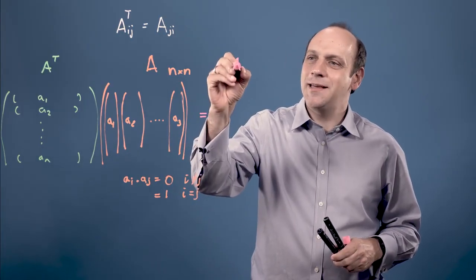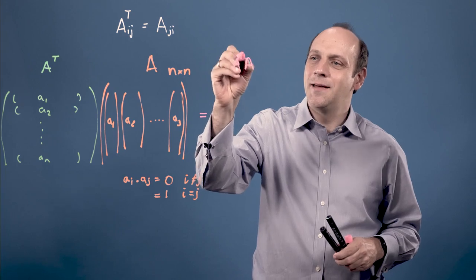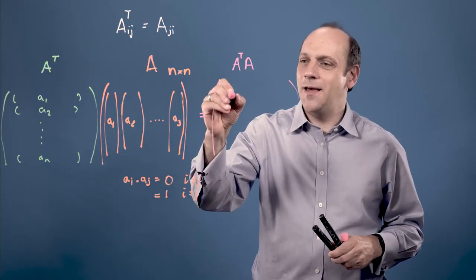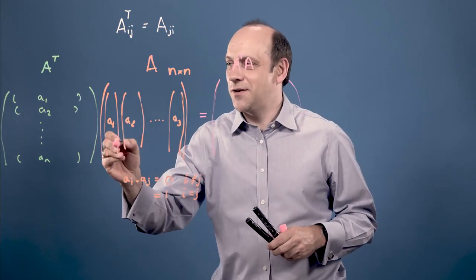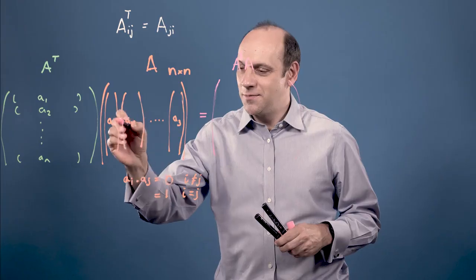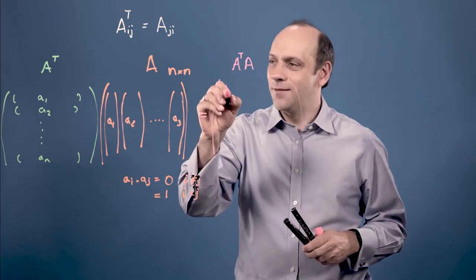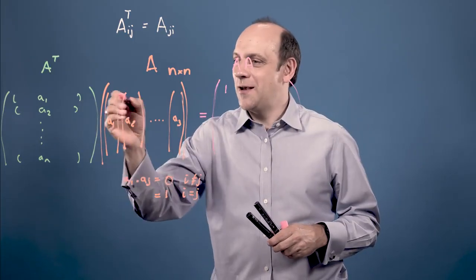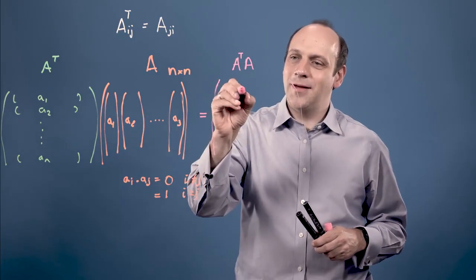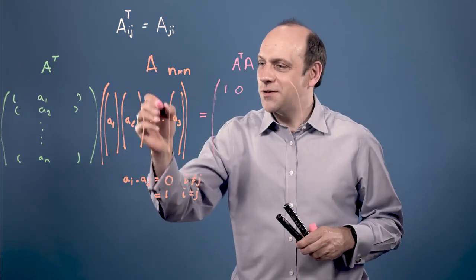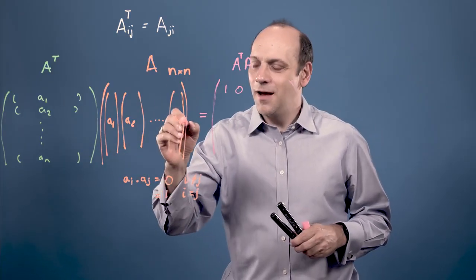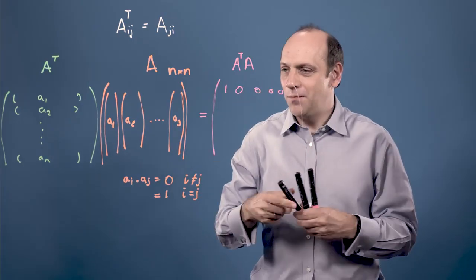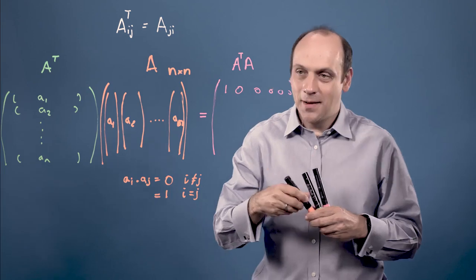So if I get A^T times A, then the first element here is going to be the first row times the first column. And that's A1 dotted with A1, and that's 1. The second element here, the first row, the second column, is A1 dotted with A2, and that's 0. And A1 dotted with A3 all the way up to AN is going to give me a whole series of zeros, where this guy, remember, is AN.